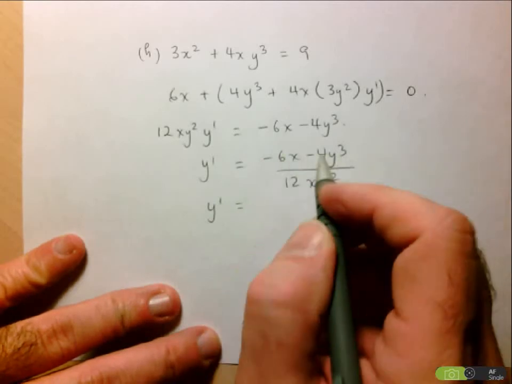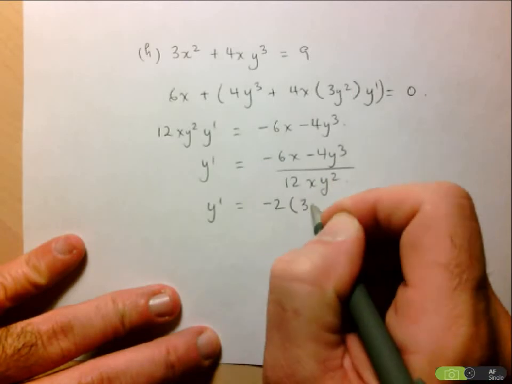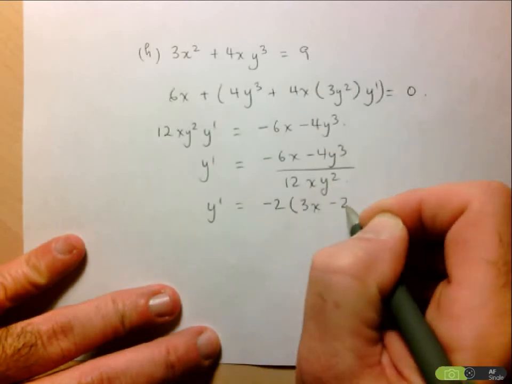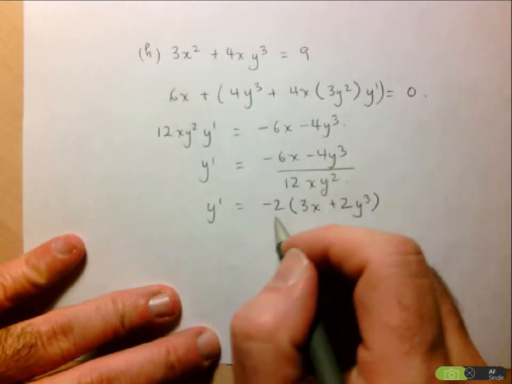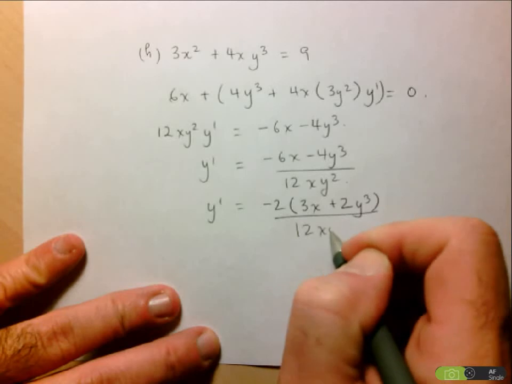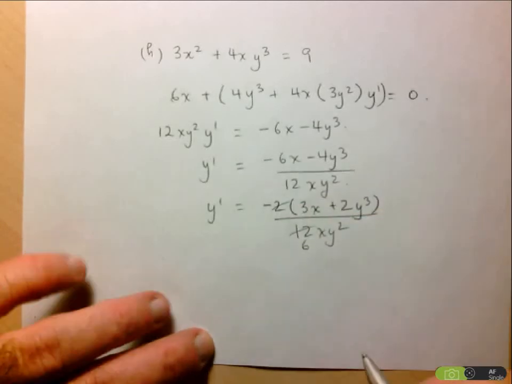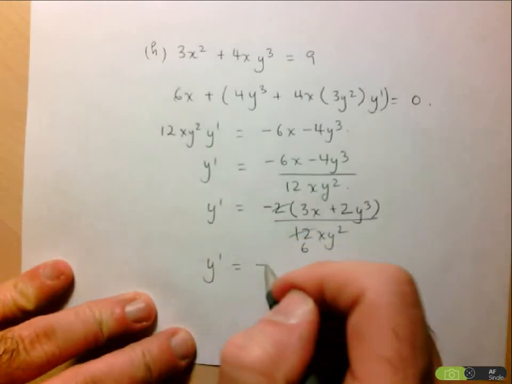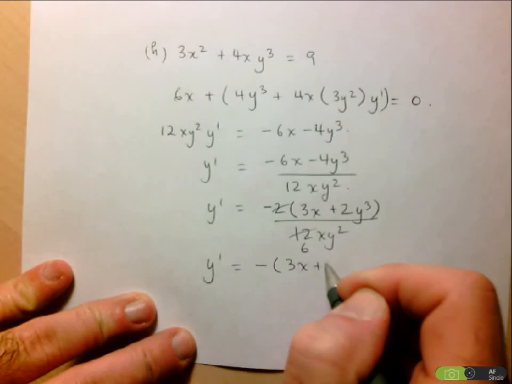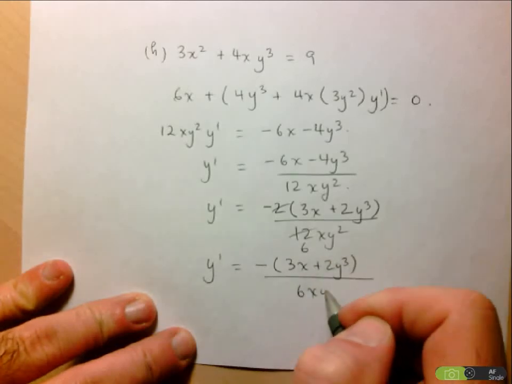So here I'm going to factor out a negative 2. Here we're left with 3x plus 2y cubed, and then in the denominator 12xy squared, and the 12 and the 2 simplify to 1 over 6. So our final answer, y prime, is negative 3x plus 2y cubed all over 6xy squared.